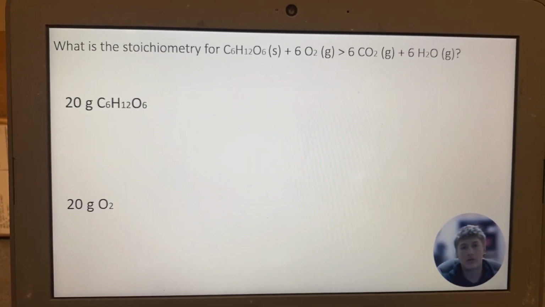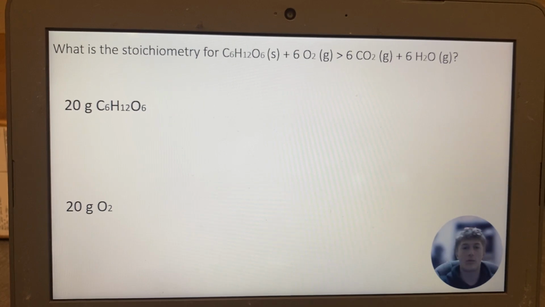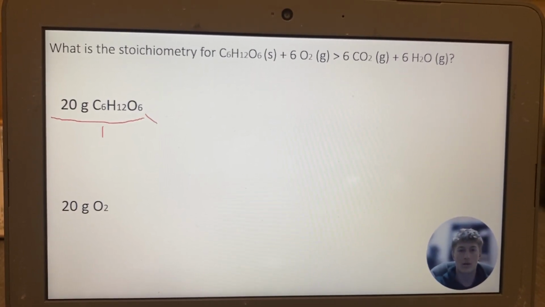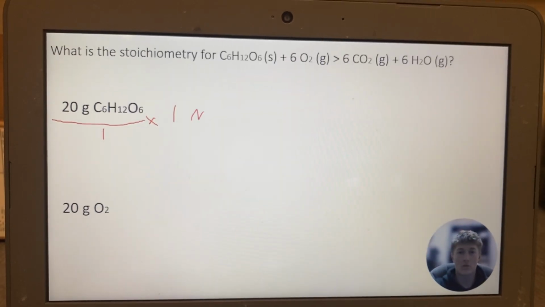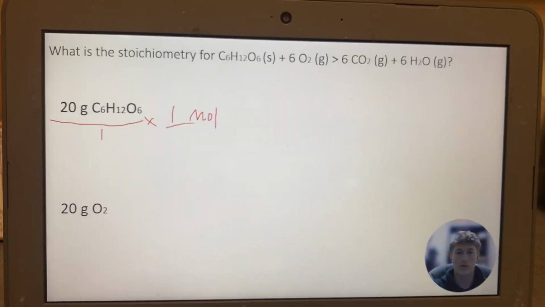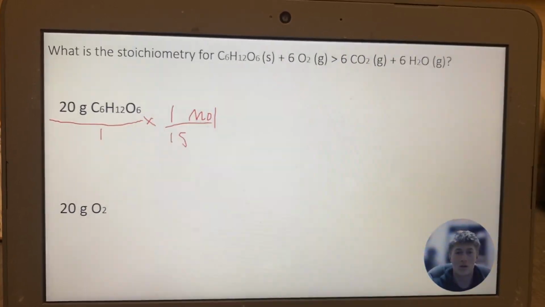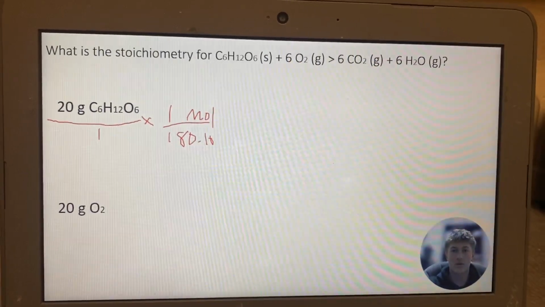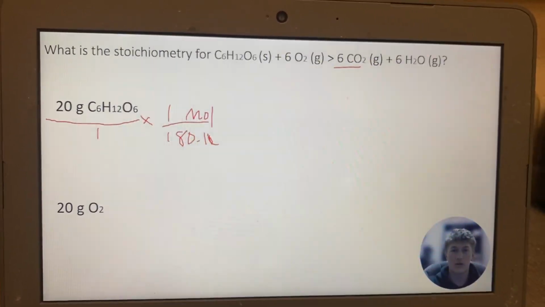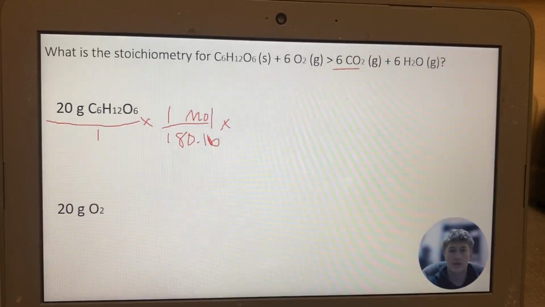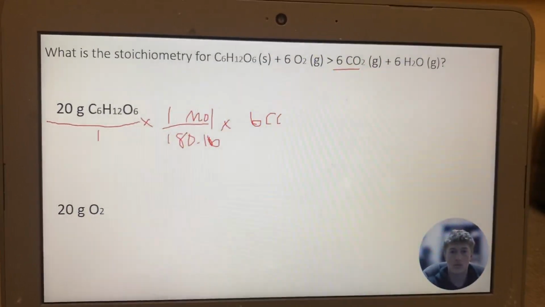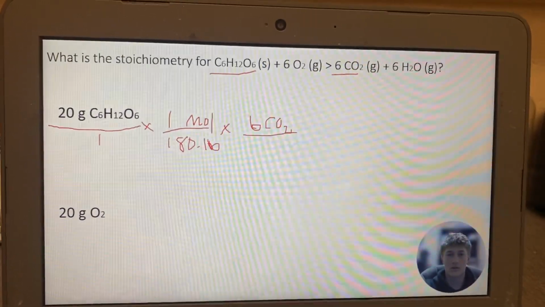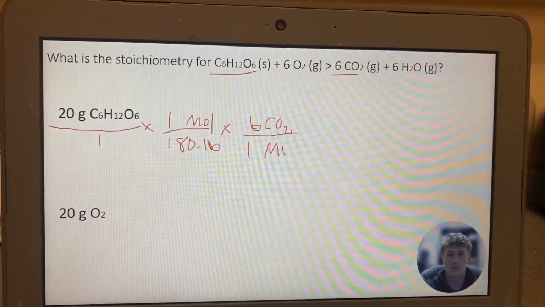So now we're going to do the stoichiometry for this reaction, and we'll start off by putting the 20 grams of glucose over 1, and we need to convert that to moles. And so 1 mole of glucose is going to be equal to 180.16 grams of it. And the product that we want to convert it to is going to be the CO2, and we have 6 CO2 for every 1 glucose, so we'll just put 1 mole of that glucose.